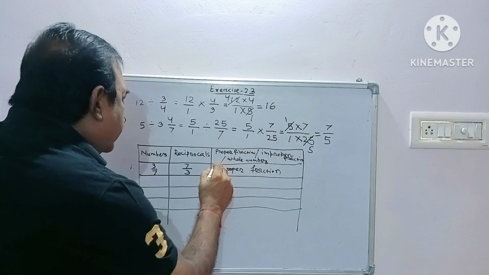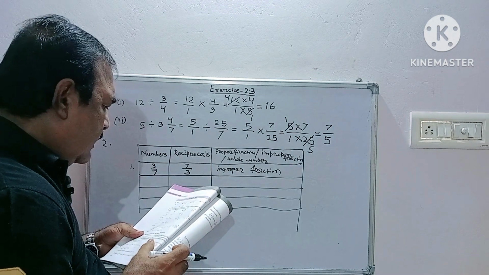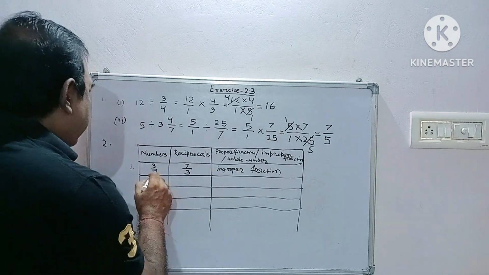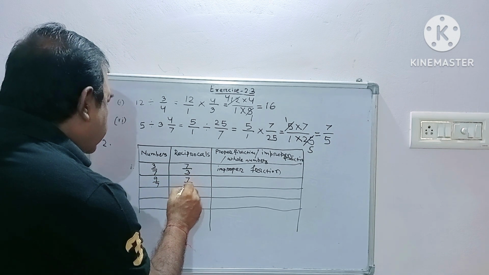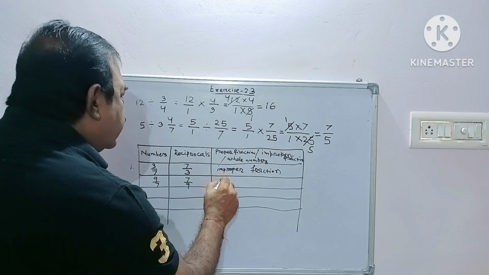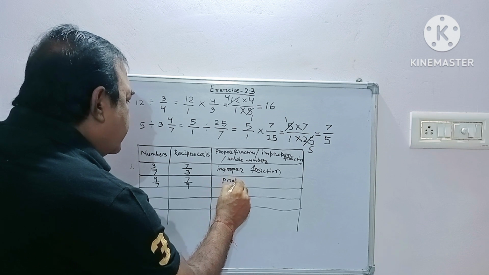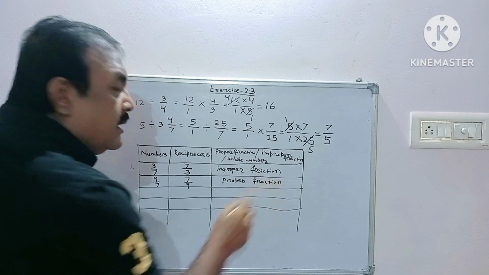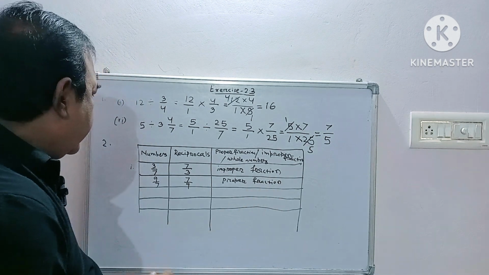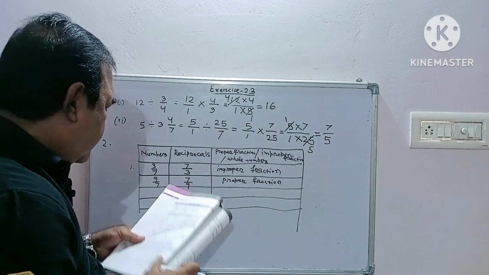Like this you do. Suppose 9 upon 7. The reciprocal will be 7 upon 9 and you see this is a proper fraction because the numerator is less than the denominator. Then come to 1 upon 8.